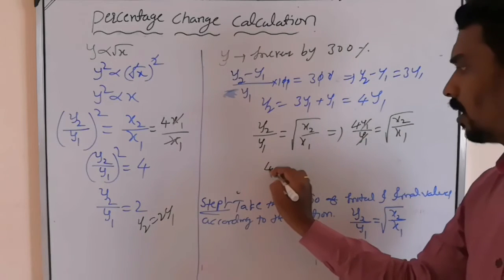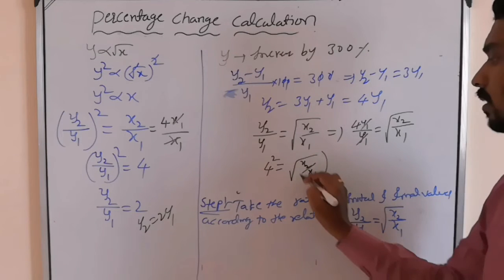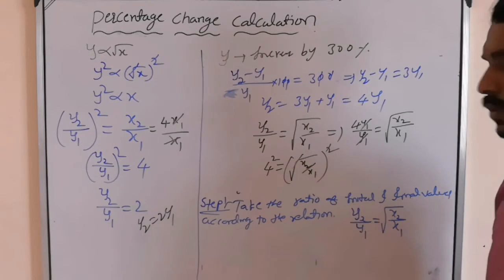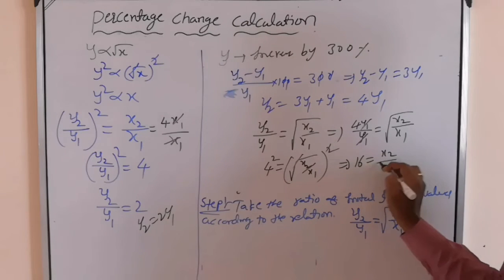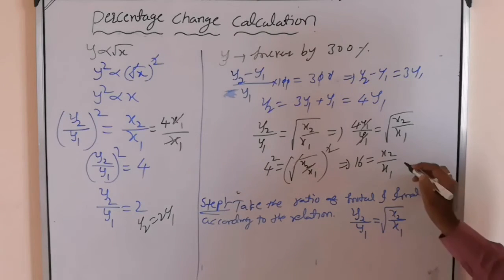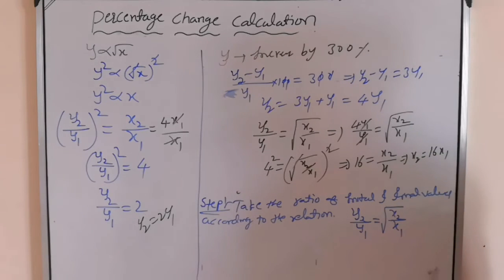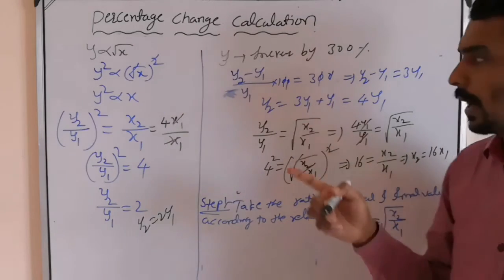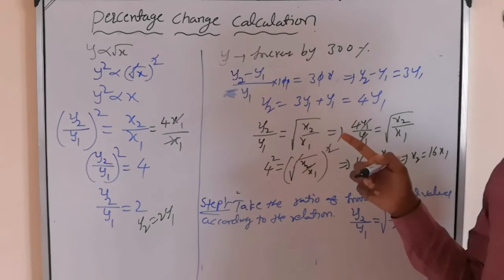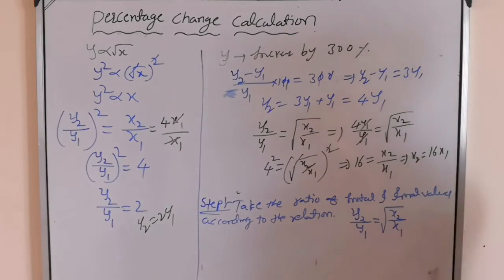Now square both sides. 4 square equal to root x2 by x1 whole square. Square root cancels. So 16 equal to x2 by x1. Now what is x2? 16x1. If they give percentage change in y, then you can find the y1 y2 relation so that you can get the relation between x1 and x2.